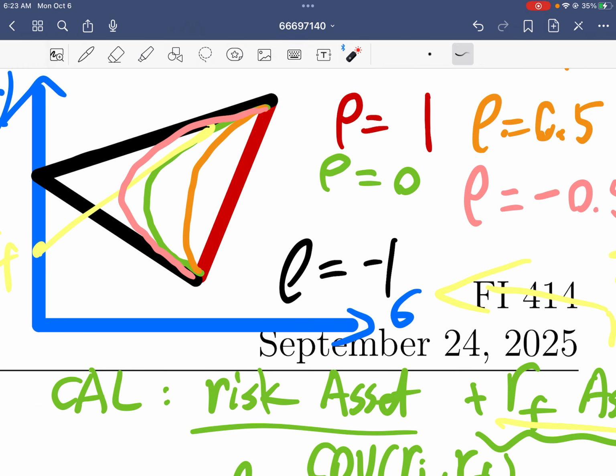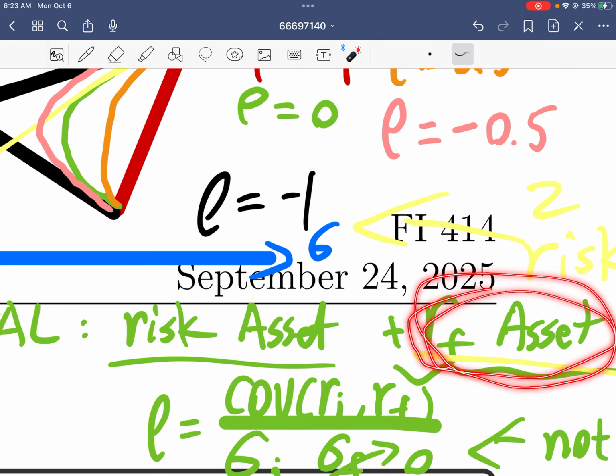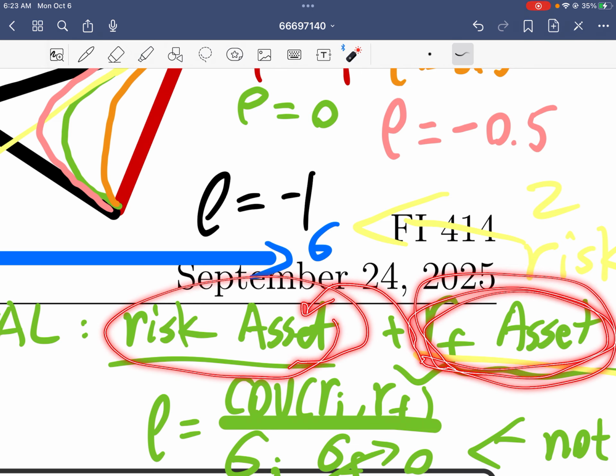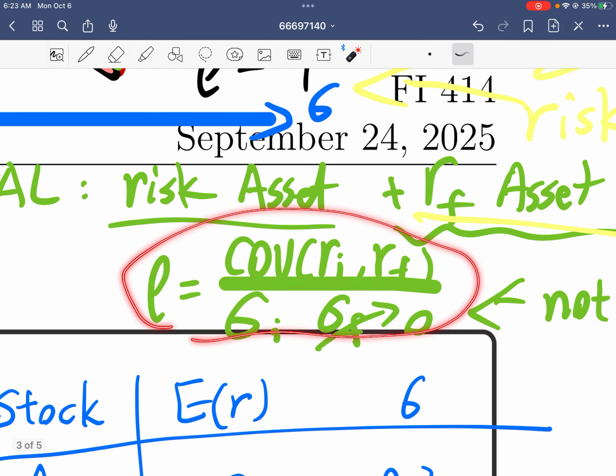So note that in chapter 5, we talked about risky asset and risk-free asset. We know that the return of the risk-free asset does not move with the risky asset. So the movements of risky asset and risk-free asset are totally uncorrelated, but they don't have a correlation equal to 0.